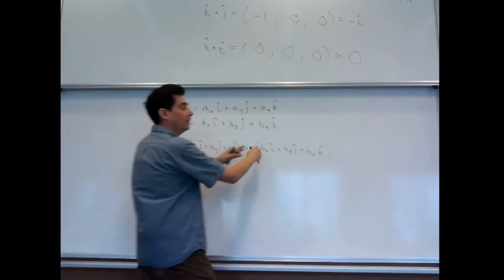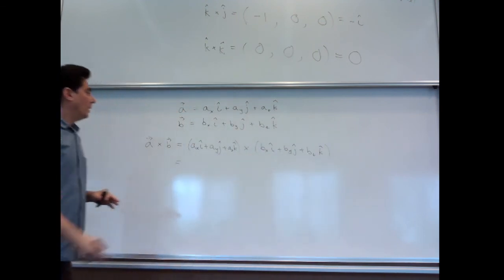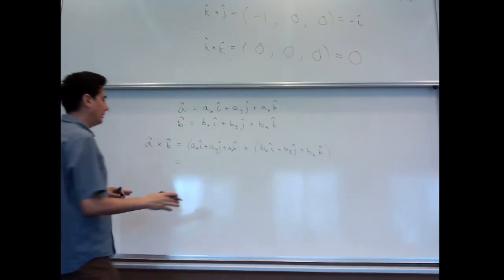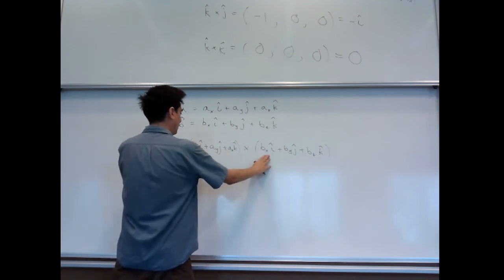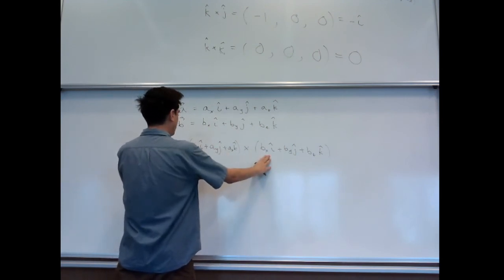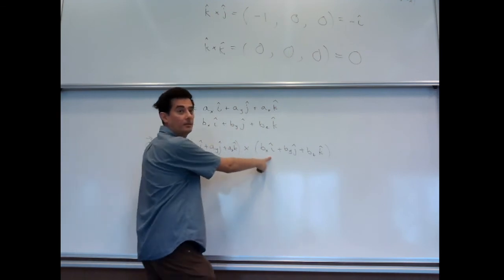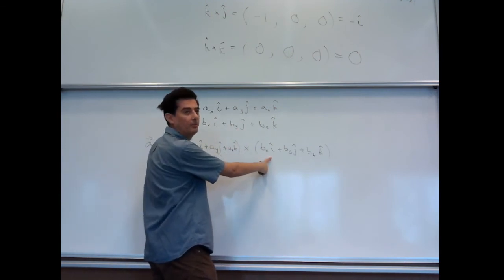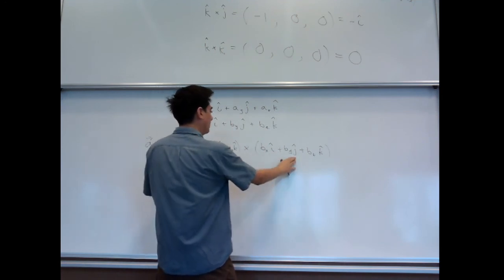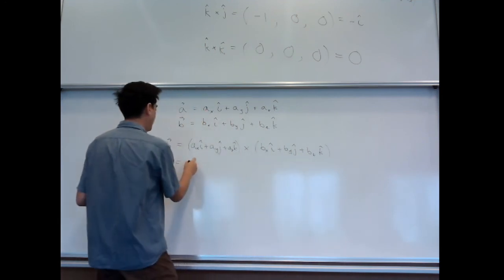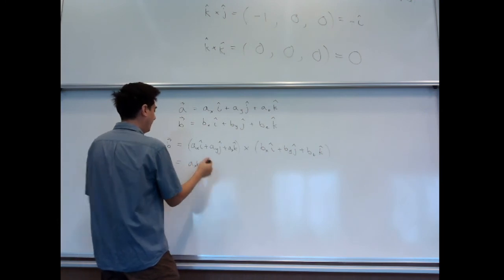There's 3 terms here, 3 terms here. There's 9 terms. But some of them will be 0, so we won't write them out. So basically we go through all 9 terms. We multiply this one and this one. So this is i times i. We already know that that's 0, so I'm not going to even bother writing that. Next one is this one times this one, which will be Ax By.